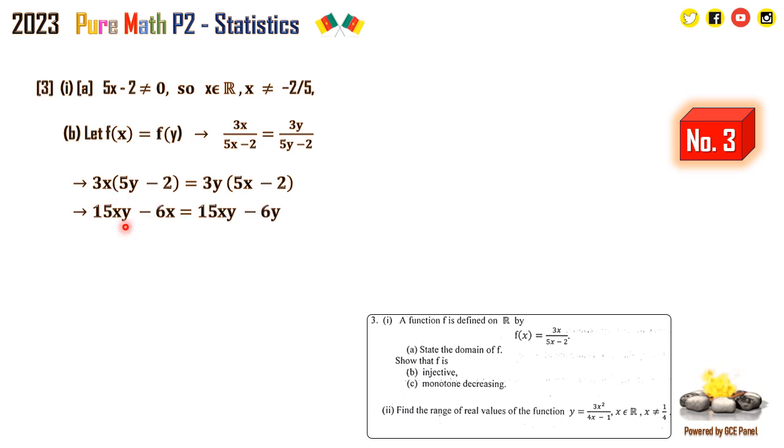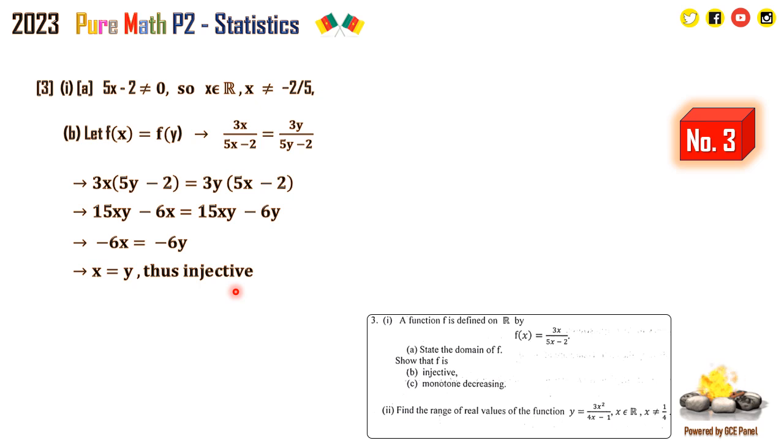That gives 15xy minus 6x equals 15xy minus 6y. The 15xy cancels out on both sides. We are left with negative 6x on the left hand side and negative 6y on the right hand side. When we divide all through by 6, we have x equals y. We conclude that therefore f is injective, or f is an injection. Sometimes we talk about injection instead of being injective. So therefore, f is an injection.